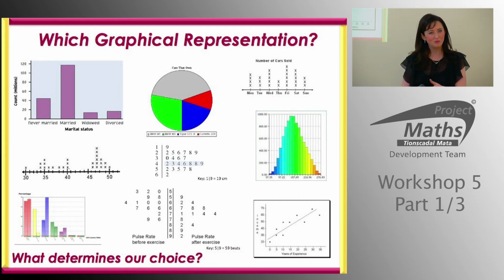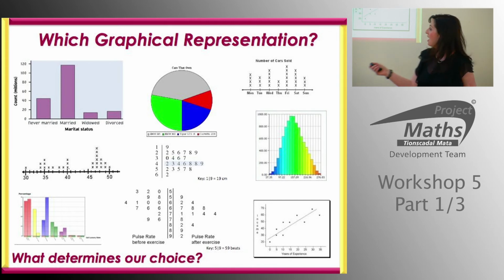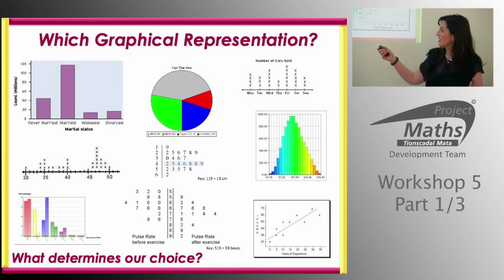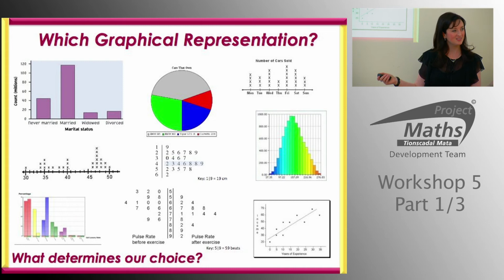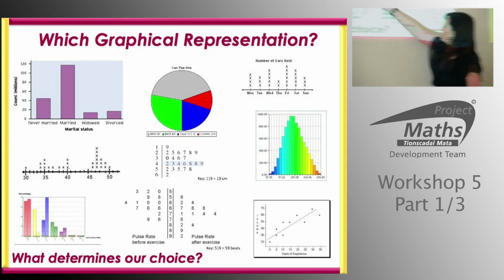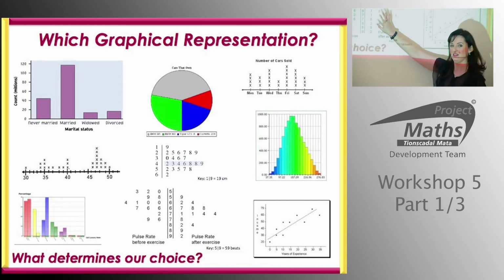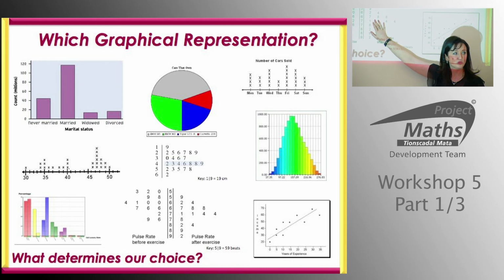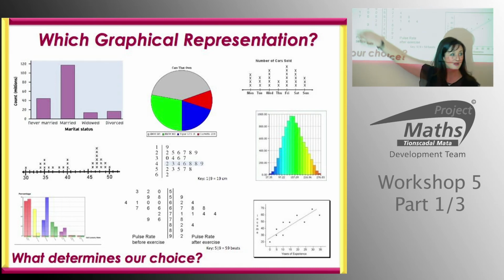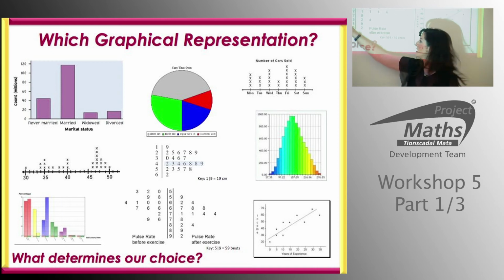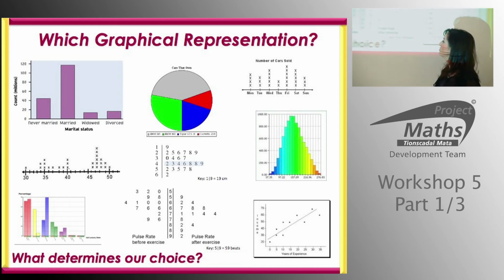Remember I said when you get up into second, third year, the kids might start to compare our heights or our families to the ones in the classroom next door. And in that way, a bar chart's very nice for comparing, isn't it? And that's where the kids then look at things like a back-to-back stem and leaf, where this is maybe the people at a party in one pub, and this is a couple of people at a party in the pub down the road. And you can compare.